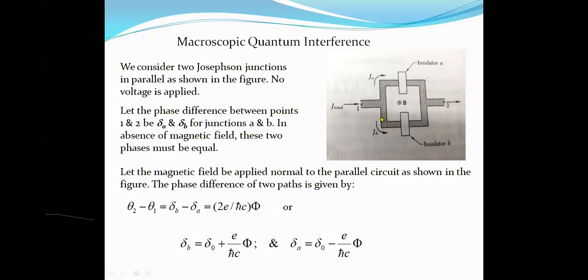So you have taken an identical circuit, identical Josephson junction on both sides. So current bifurcates here, and when they meet, they will meet in the same phase. No difference unless you apply a magnetic field.